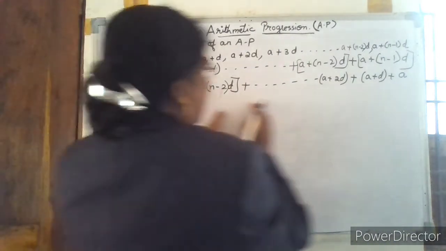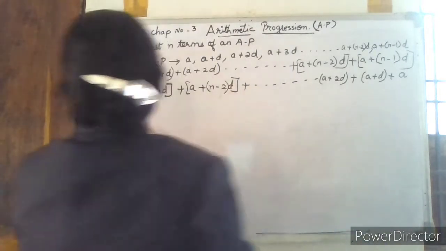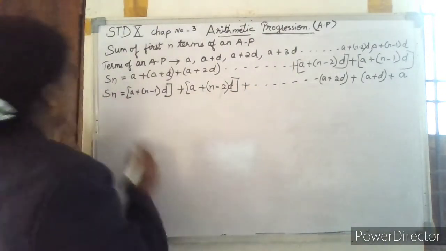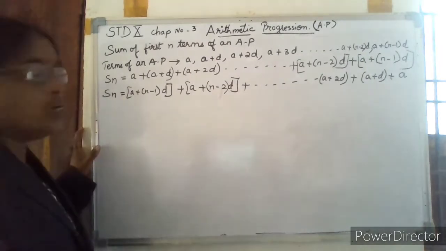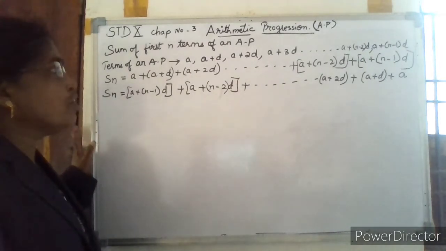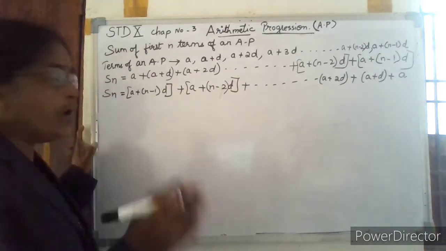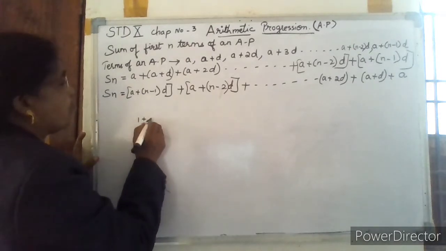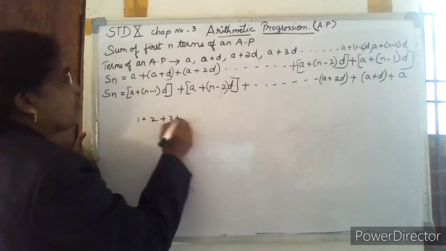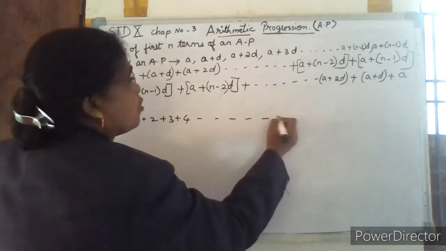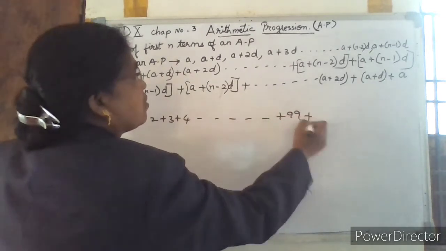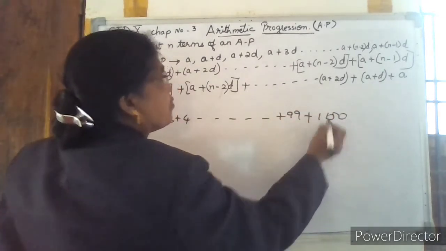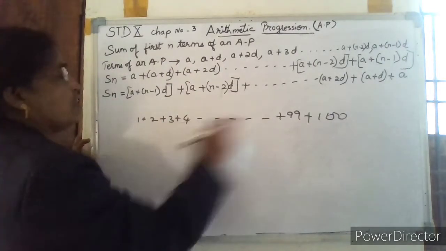It's like the example where you want to find the sum of natural numbers from 1 to 100. It will be 1 plus 2 plus 3 plus 4 and so on up to 99 plus 100. Now this is in ascending order. The same thing I write in descending order.